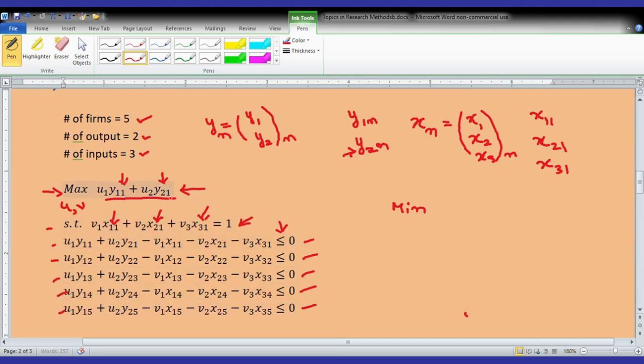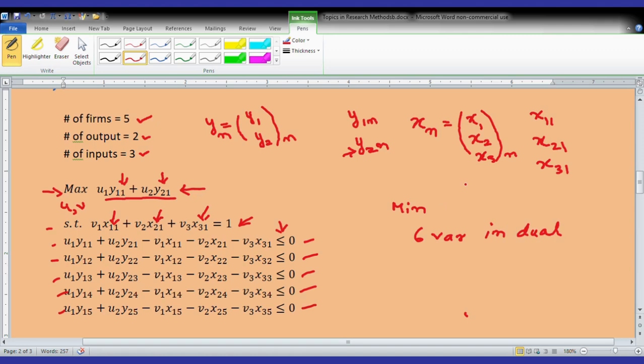Because the maximization problem involves 6 constraints, 6 constraints in the primal means 6 variables in the dual. So our dual will have 6 variables. This is one thing that we know.